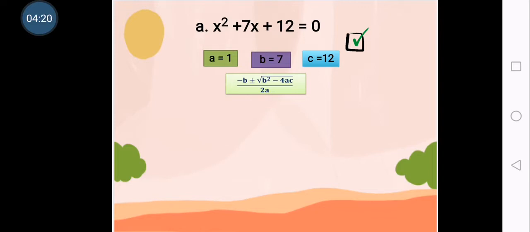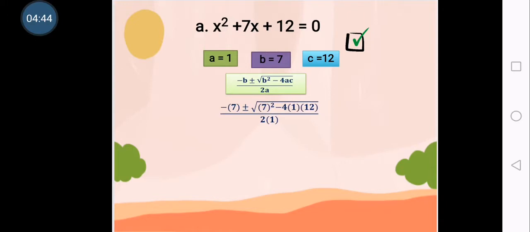Bago po natin mai-substitute yung mga values dyan, dapat alam natin ang values ni a, which is the quadratic term, b as the linear term, and c as the constant term. Ayan. So, substitute na po natin.